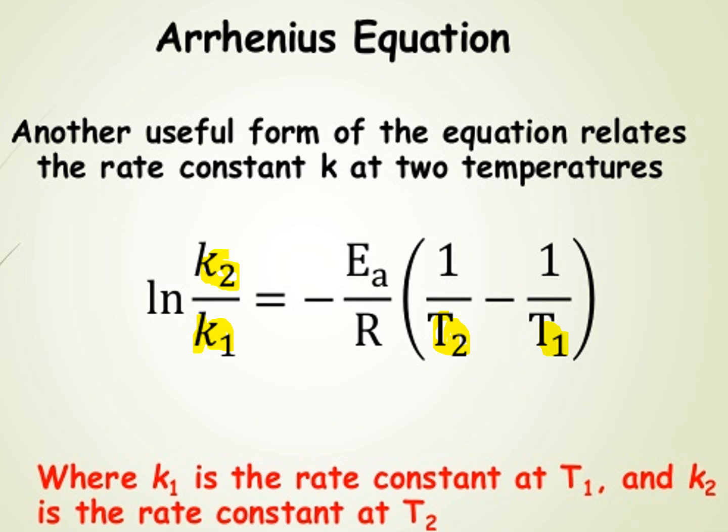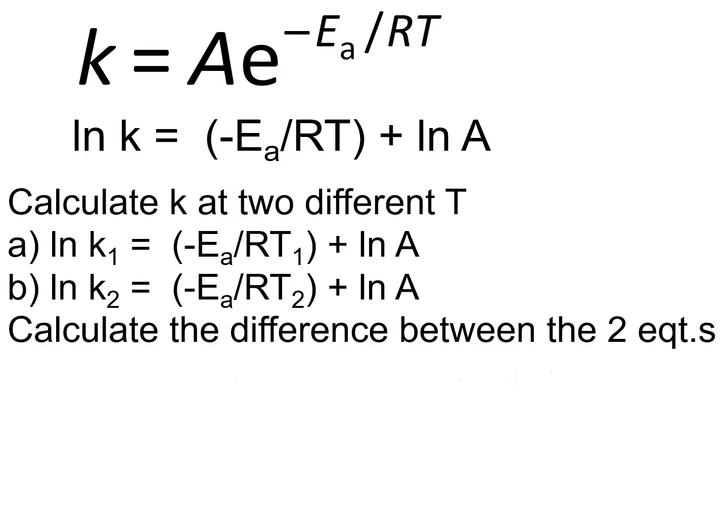And then using this equation, you can solve for different variables. For example, if I give you both temperatures and both constants, I can ask you to calculate the activation energy. Or if I give you the activation energy and 3 of the other variables, like 1 of the K's and 2 temperatures, I can ask you to solve for the missing one, right? So we're going to see some examples.